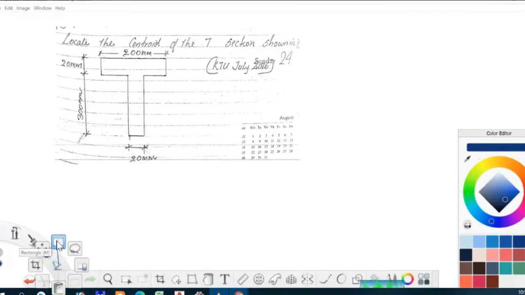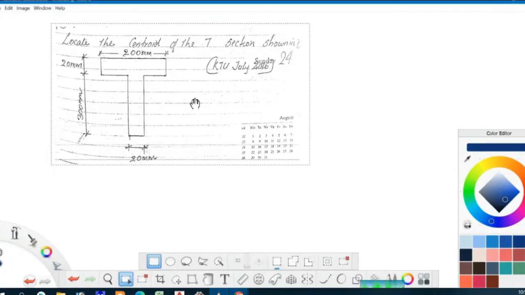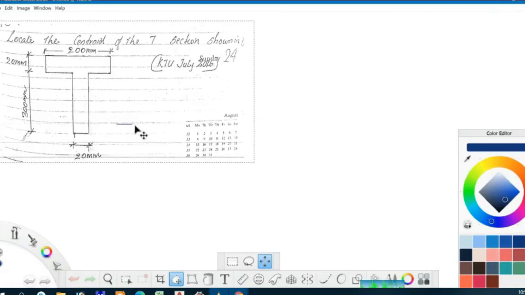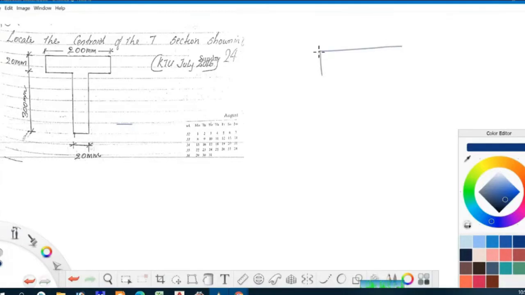For this also, you have to first draw a reference axis. Draw the T section first, like this. Then you put the reference axis like this.